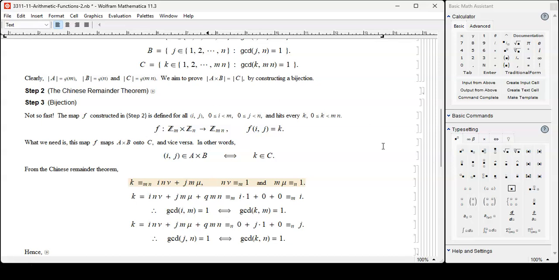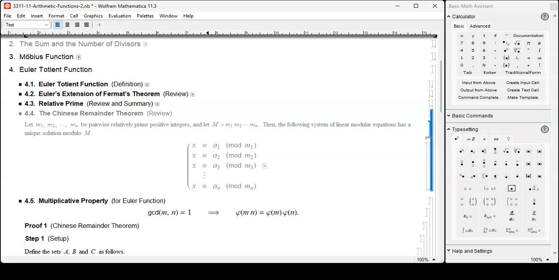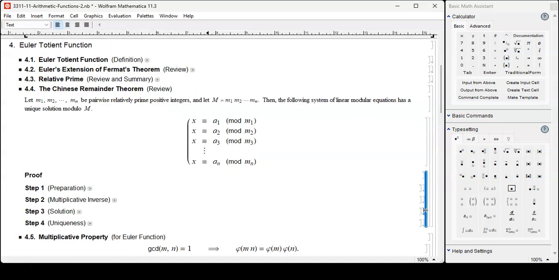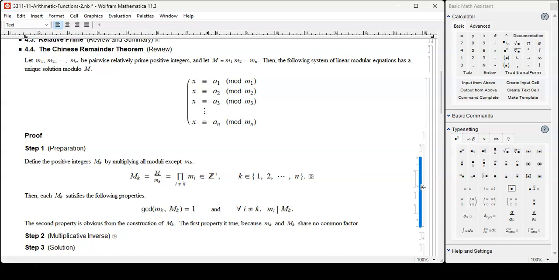So what is Chinese remainder theorem? Let me give you a brief reminder. So Chinese remainder theorem, and the unique solution looks like this: a1 M1 mu1 plus a2 M2 mu2, like that. And then capital M, those are the product of everything divided by m1, divided by m2, like that.